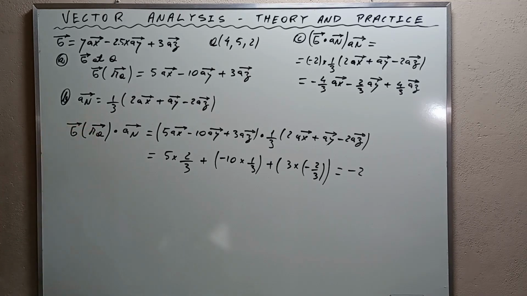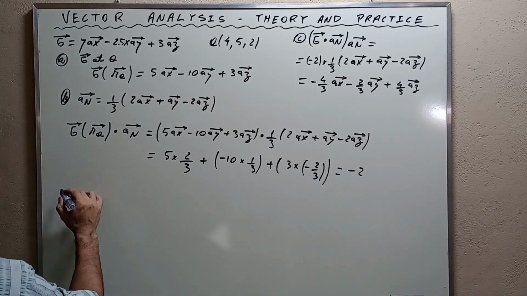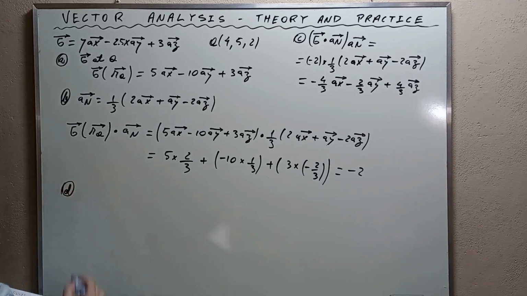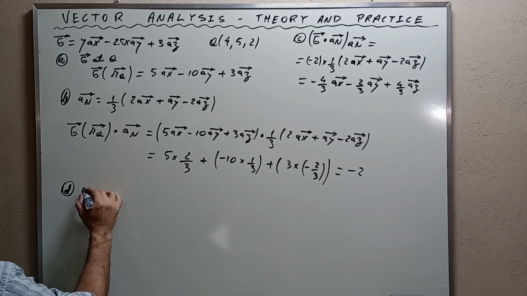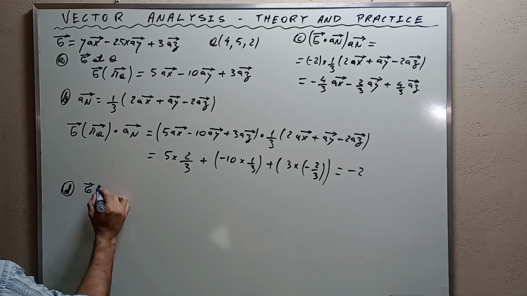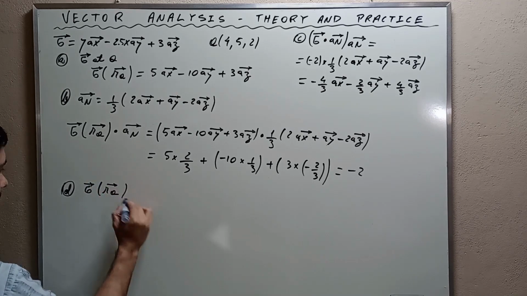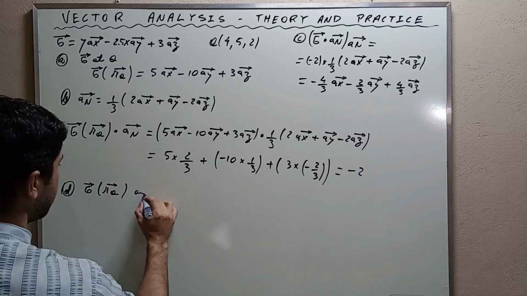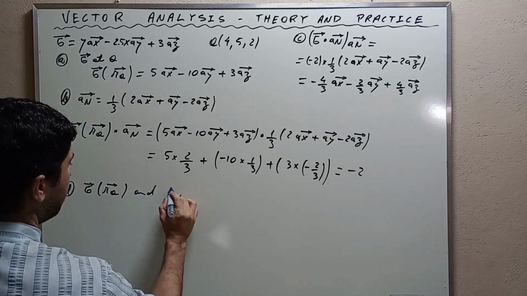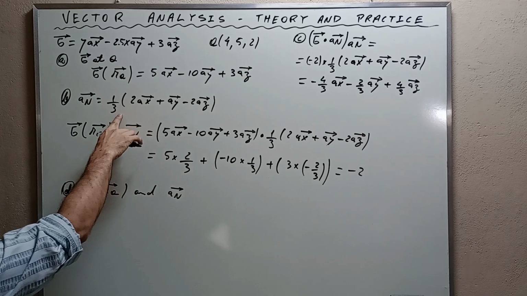And to finish, letter D, the angle theta between G at Q and AM. This unit vector, we want now to calculate the angle between them. The angle between G at Q and the unit vector that we are considering.